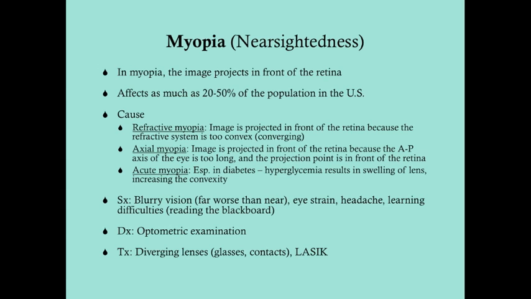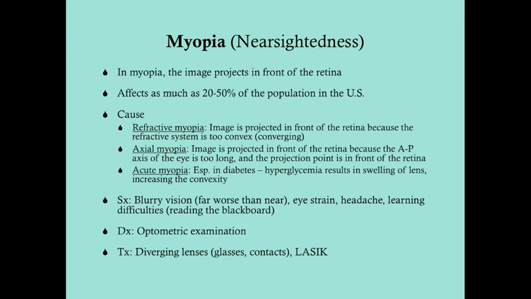And so the projection point is in front of the retina. So either the image is projected in front of the retina because you have too much convergence in the lens and cornea, or because the eye is too long. Those are both reasons to have an image projected in front of the retina.